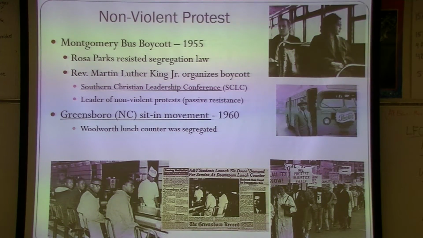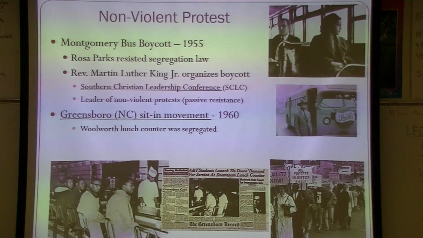Your jails are filled up with people that are arrested for sitting in a place. And so this is part of it: are you willing to get arrested? Maybe spend a few days in jail for what you believe. And that's a great example, again, of another passive resistance or nonviolent civil disobedience that we're going to see that Dr. Martin Luther King is going to have.